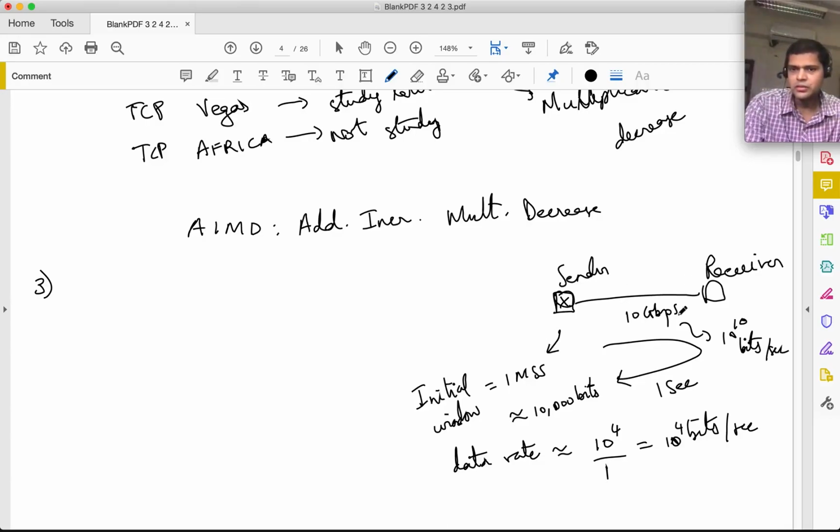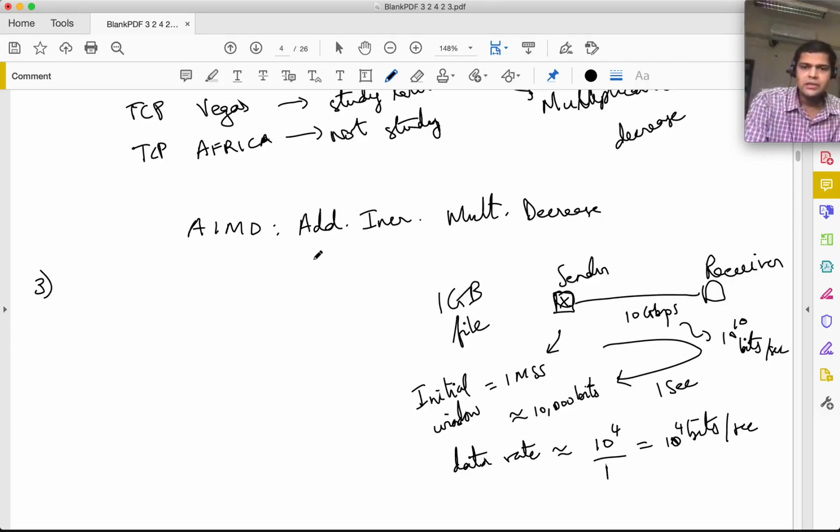You would be able to send the whole file across. Okay? Whereas now you're starting only with 10 kilobit per second and you're increasing it by 1 MSS every round trip time. So it could take you minutes or even hours to transmit this file, even though it could be sent, let's say it's a 1 GB file, in just 1 second if you were using the resources efficiently.